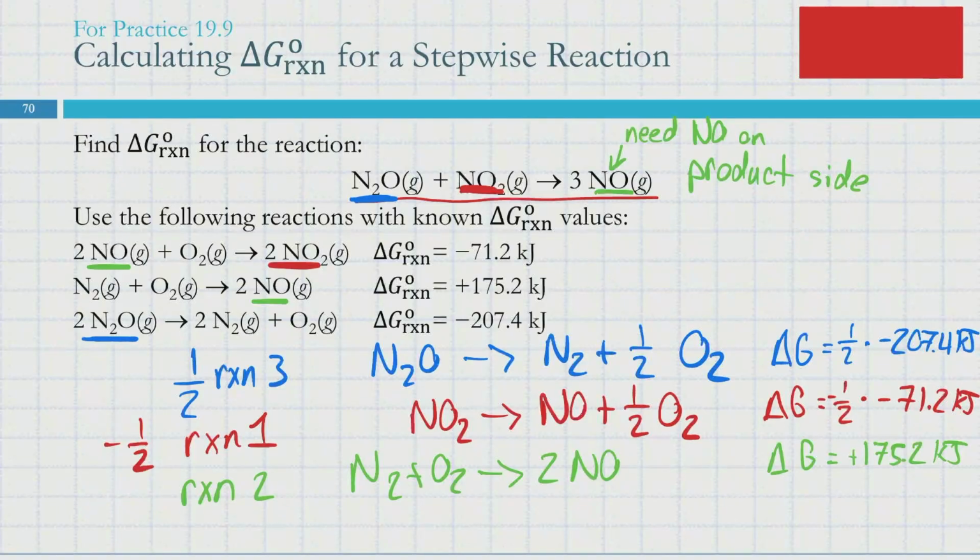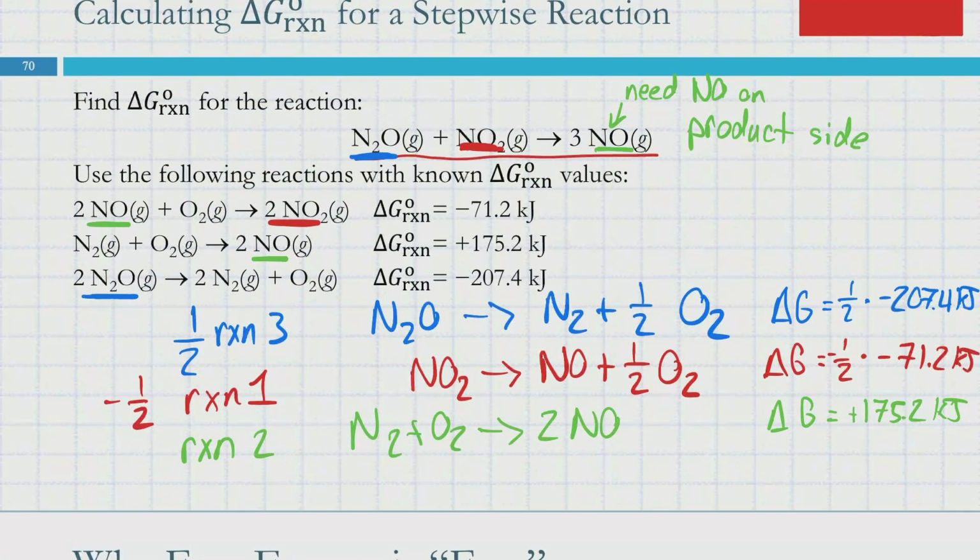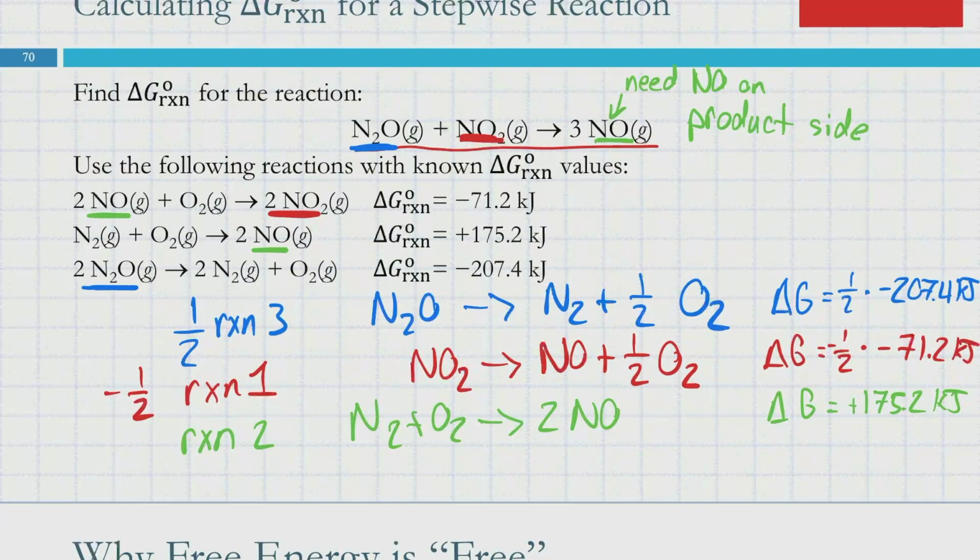So the math part that we would do for this is all this stuff over here on the right. And then in purple, cross out the things that cross out.